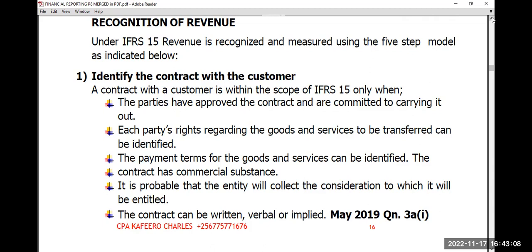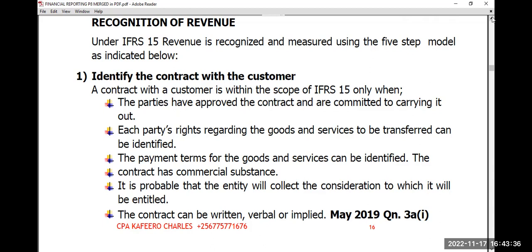And we are saying that when you're recognizing revenue, there is a 5-step model that we are supposed to go through before we recognize that we have actually received the revenue. So when all these 5 steps are fulfilled, we can now say that we have actually earned revenue.